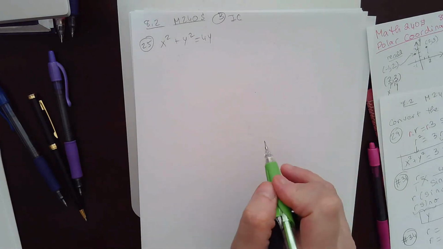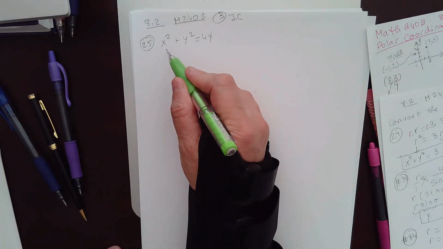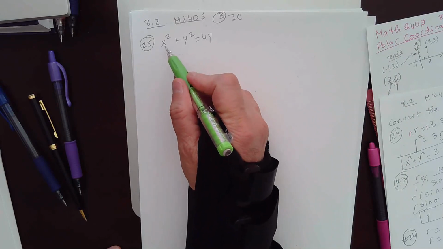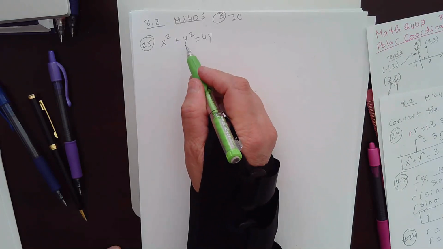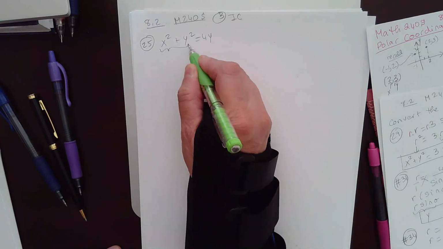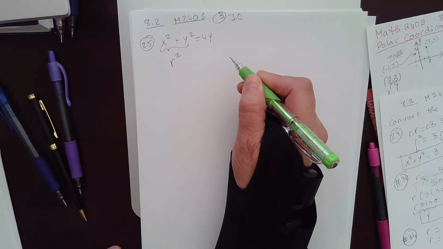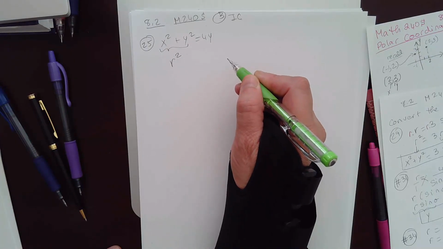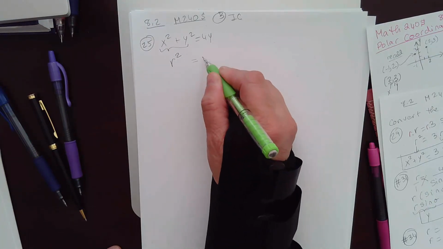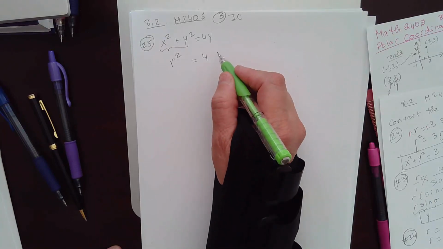There are about 2 ways you can do this. You can, if you want, write x as r cosine theta, and y as r sine theta, or you may have recognized that x squared plus y squared is r squared. You see that? x squared plus y squared equal r squared equal to 4y. y is r sine theta.